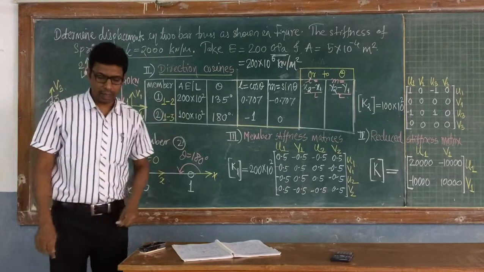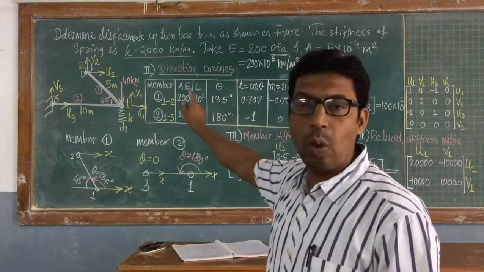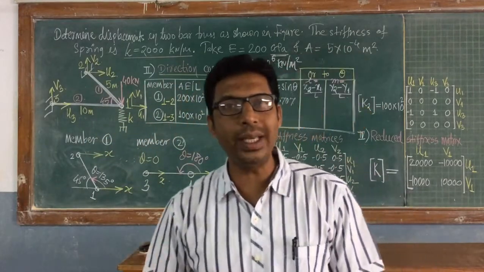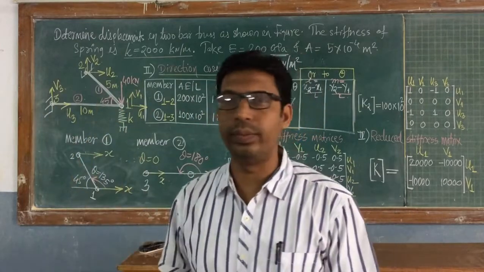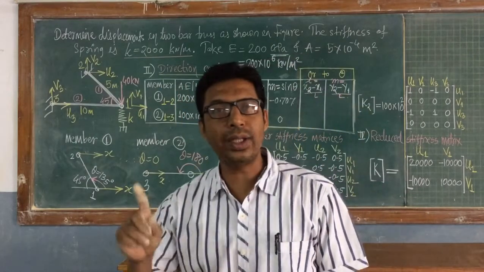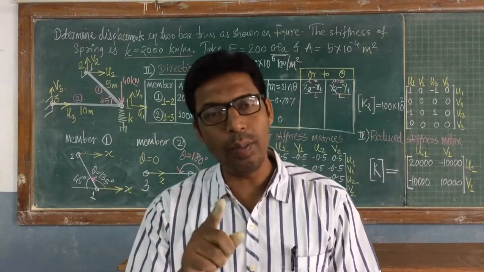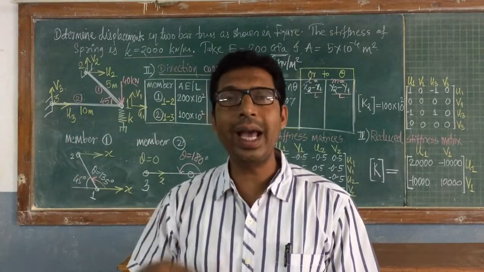1, 3. Understand how the member is written. Member 1 is 1-2. 1-2 means node number 1 is the first node and then 2 is the second node. Member 2 is 1-3. 1-3 means again node number 1 is the first node and 3 is the second node. Why am I telling this?